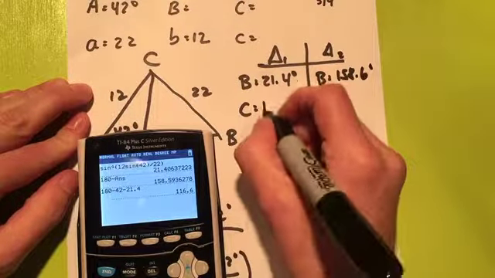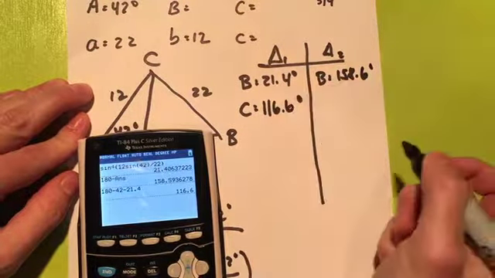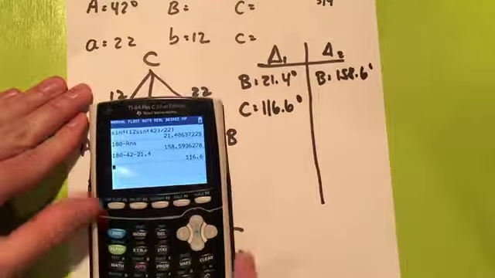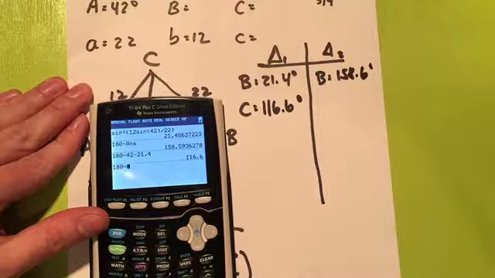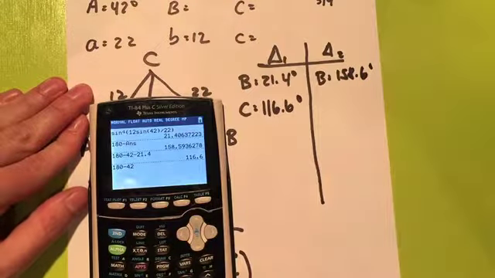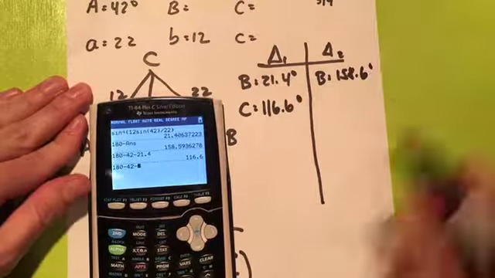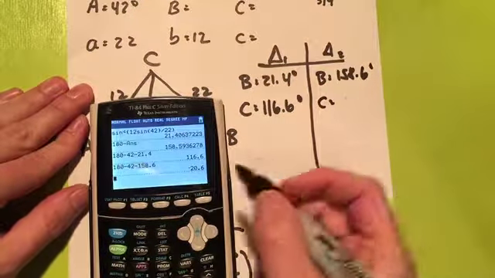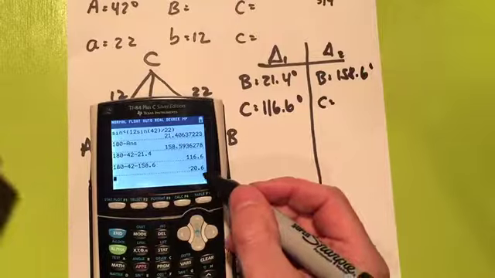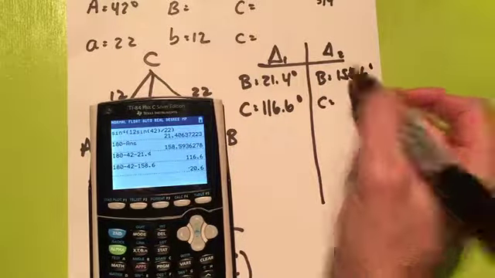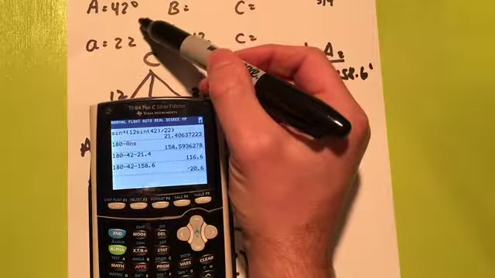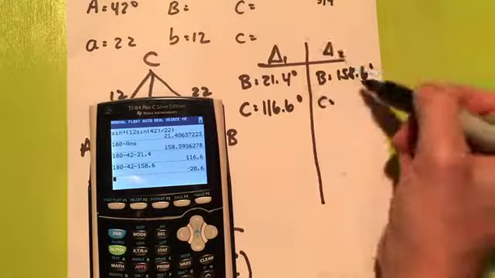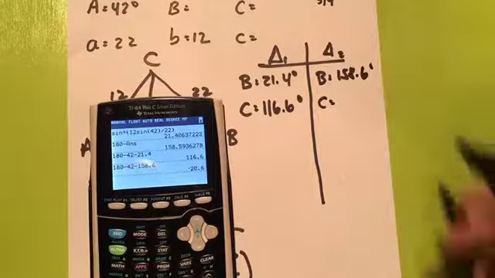We get angle C is 116.6 degrees. Or in quadrant 2, triangle 2, excuse me, we've got 180 subtract 42 for angle A, subtract the second possibility for B, 158.6, and you get C equal... 158 and 42 is already more than 180. You can't have that as a triangle if you've got two angles that are already more than 180.